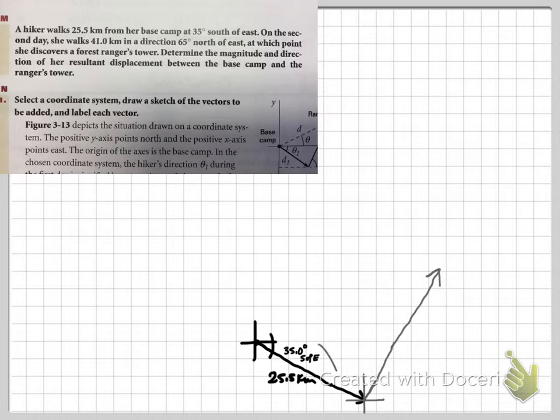So this one is 41.0 kilometers, and that's 65 degrees north of east. And I do label my angles on here because it really helps, as you're going to see in just a second.